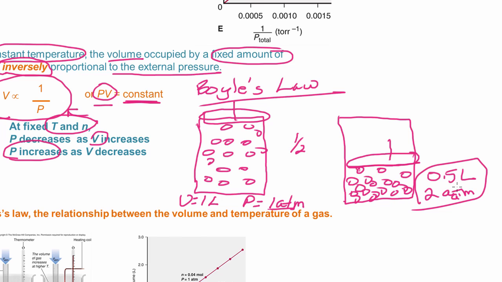One really good example of Boyle's Law is when we breathe. We have the rib cage, which expands and contracts, and the diaphragm is what determines the volume of the lungs. When we inhale, the rib cage expands and our diaphragm moves downward. So the volume of the lungs is increased, which means there's a decrease of the gas pressure inside the lungs.